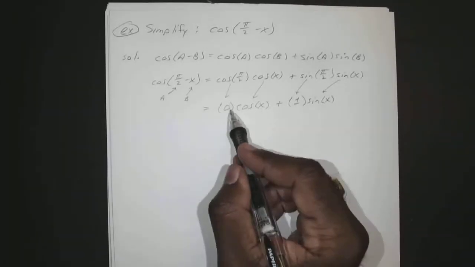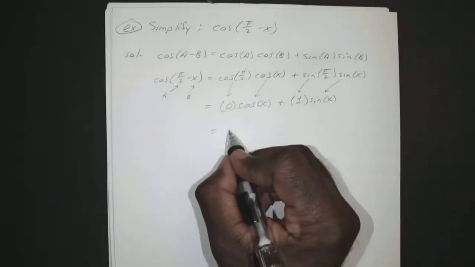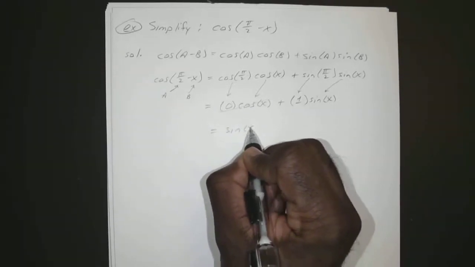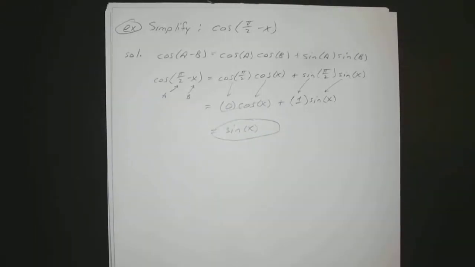Okay, so this just disappeared. 0 times anything is just going to be 0. So you end up with just sine of x. All right, so any questions on that one?